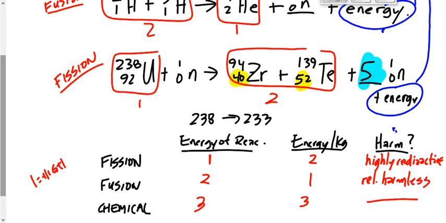And we can't really say anything about the chemical reaction because it's all over the place, right? Even a particular chemical reaction. Let's say you're making water. Well, that could be very, very positive chemical reaction, or you could drown in the water. So that chemical reaction could be harmful, depending upon context.